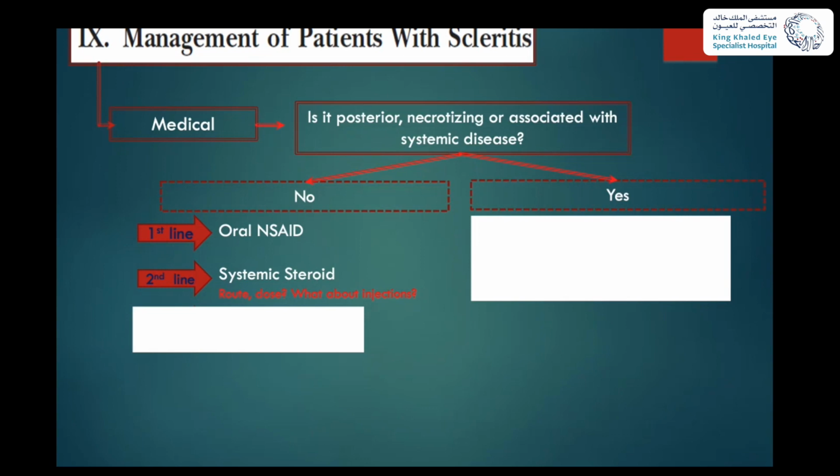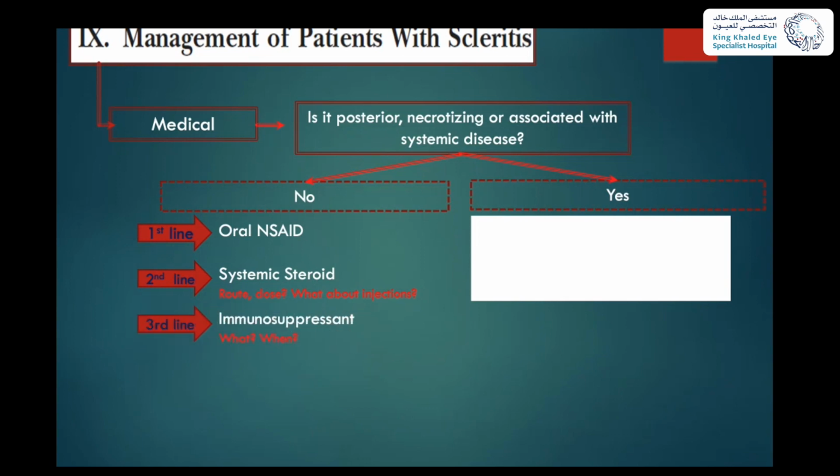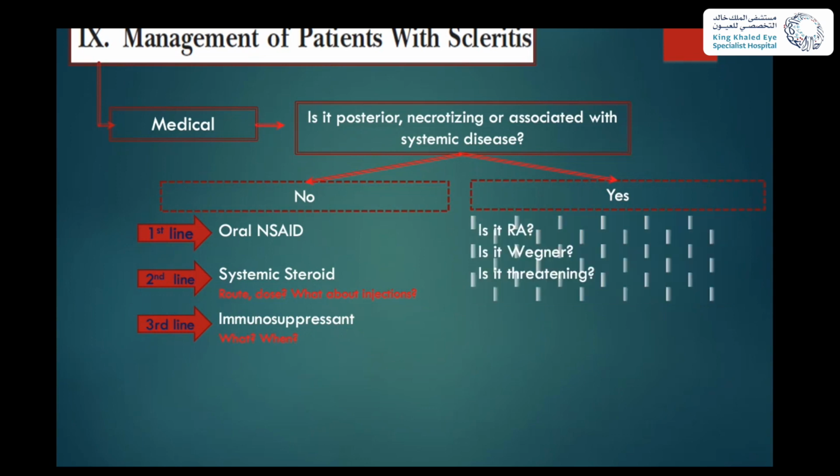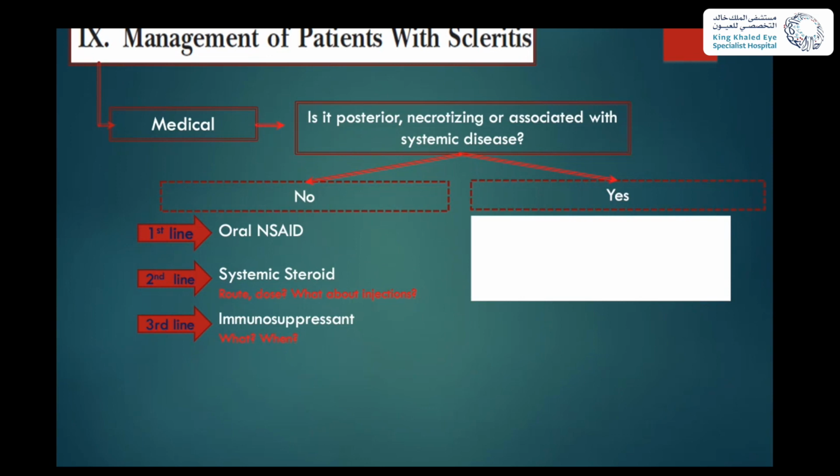If there is a systemic association, or the patient didn't respond to the first round of systemic steroid, then it is the time to give other immune sparing or steroid sparing agents, immune suppressive treatment. And most of the time we start with methotrexate or CellCept.